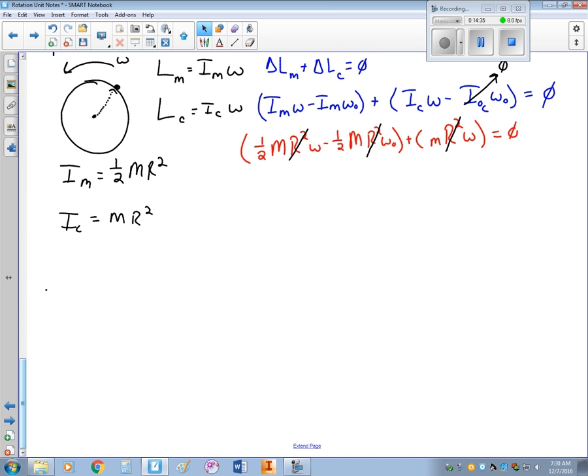And I could also do some rearranging here, where I get my final angular speeds on one side and my initial angular speeds on the other. And now I just have to solve this for the final angular speed.